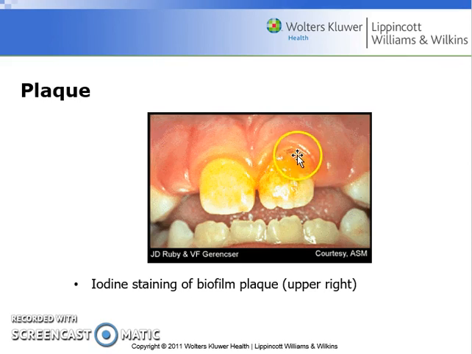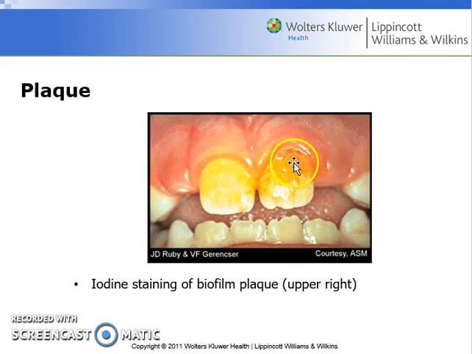And as that plaque sits there, as I said before, the bacteria will start to hunt for those carbohydrates that are brought into the mouth, and with no proper dental hygiene being employed, those bacteria have a really great environment to start fermenting sugars.